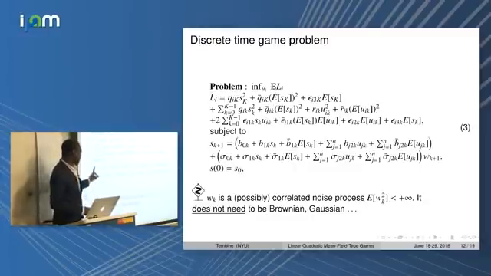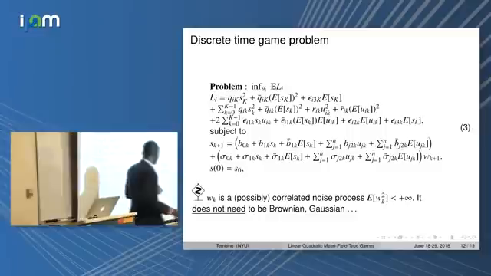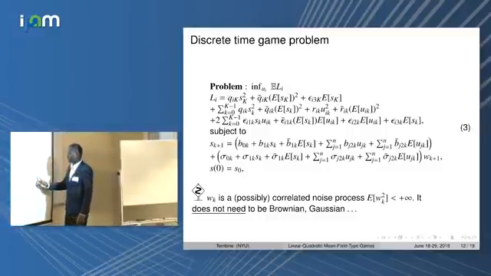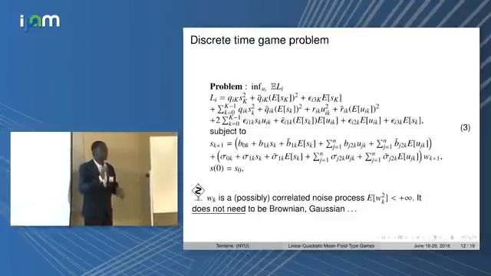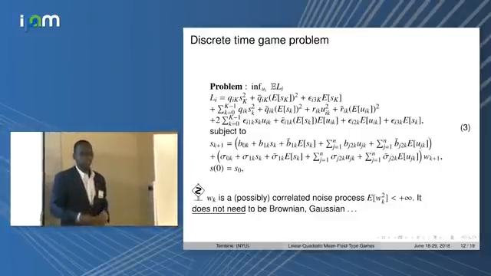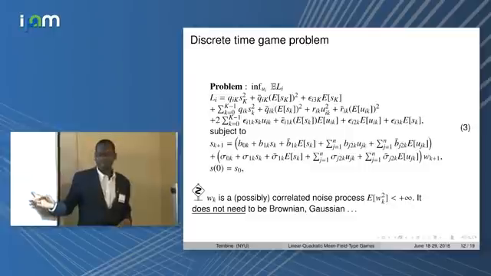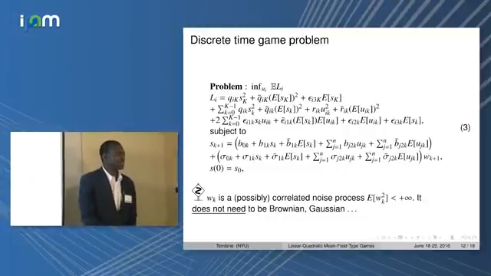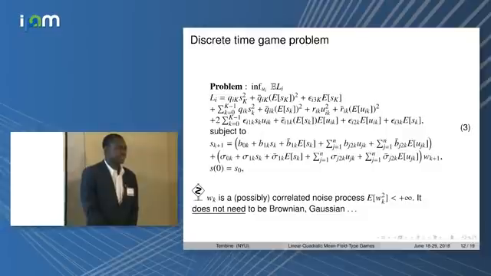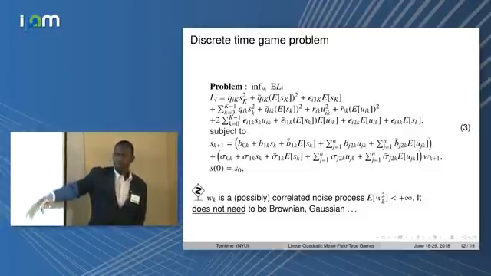Okay? But in the discrete time case, the process I'm going to consider is much more general. I don't need it to be Brownian. I don't need any stochastic calculus for it. So this could be any process with finite second moment, because I'm minimizing this. And we will be able to solve this.